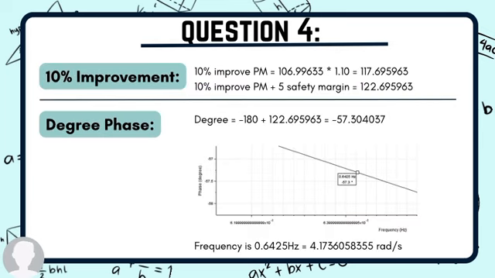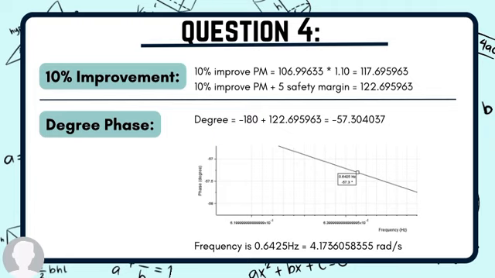For a 10% improvement, we take the current phase margin and multiply it by 1.10, which is equal to 110%. The calculation equals 117.6959, plus the safety margin of 5 degrees, it is equal to 122.6959.